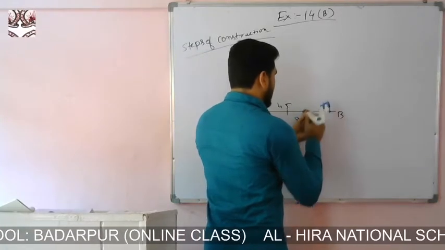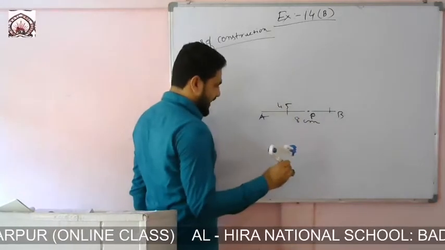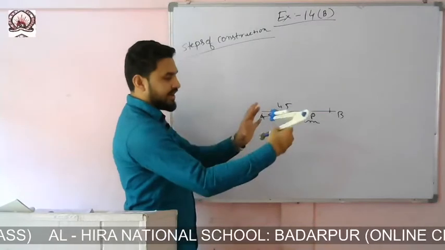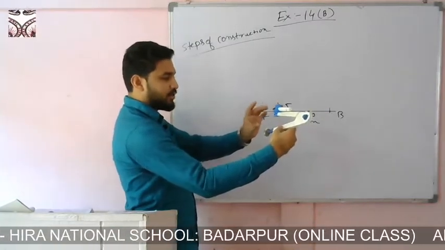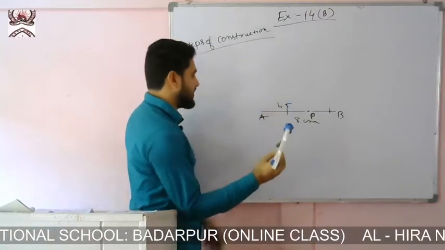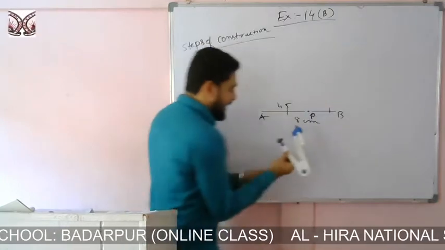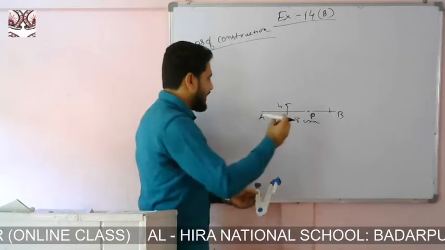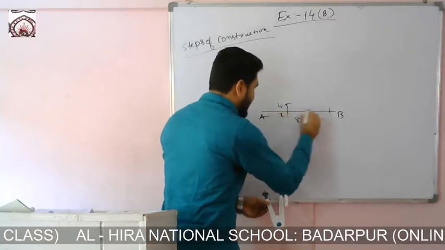Again, without changing the radius, don't change the distance between the pencil and the compass needle. Again place, and you mark these two as, suppose, x and y.